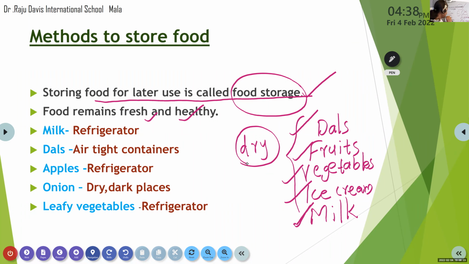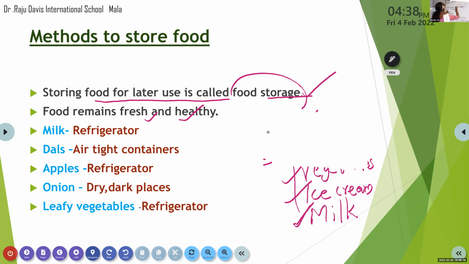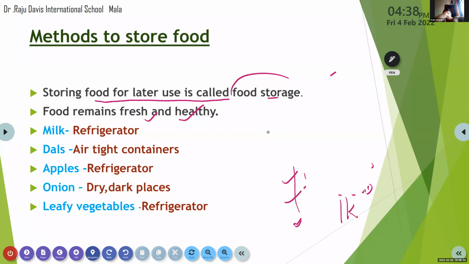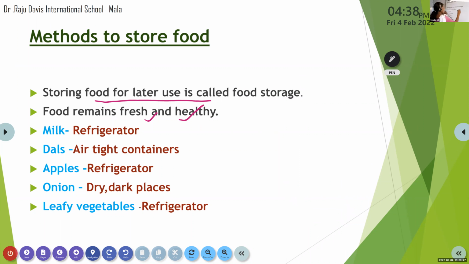Then why do we store this food? For later use. So consider this mango. In which season do we get mango? Mostly in which season?